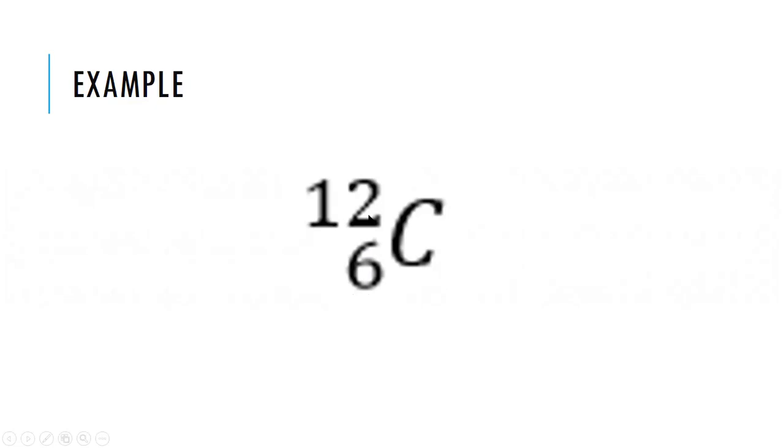When the charge is 0, our electrons equal our protons. So in this example of carbon, we have 6 protons, 6 neutrons, and 6 electrons.